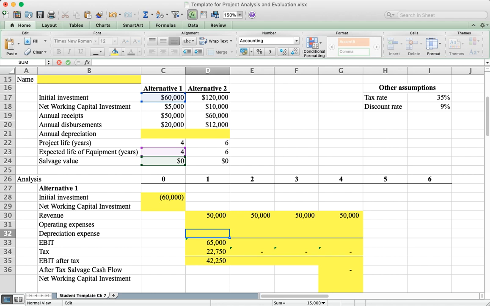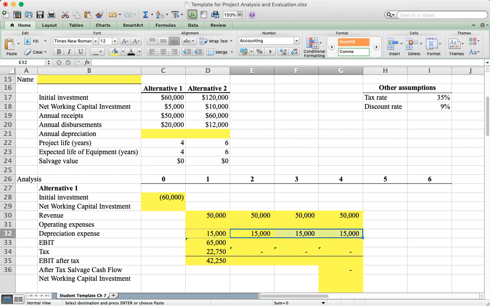The column needs to stay exactly the same, and I'm going to have my depreciation, and I'm going to check it. It should add up to 60,000. If you look down on the bottom, it should have a sum of the 4 items.